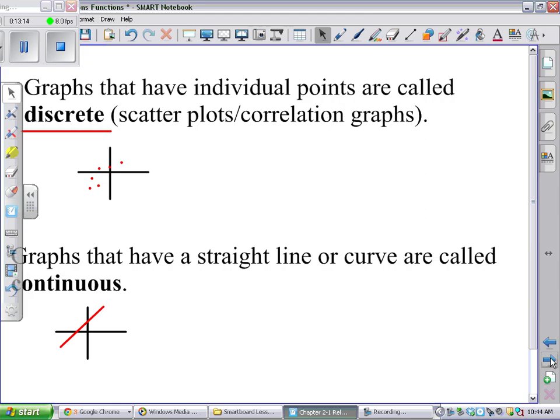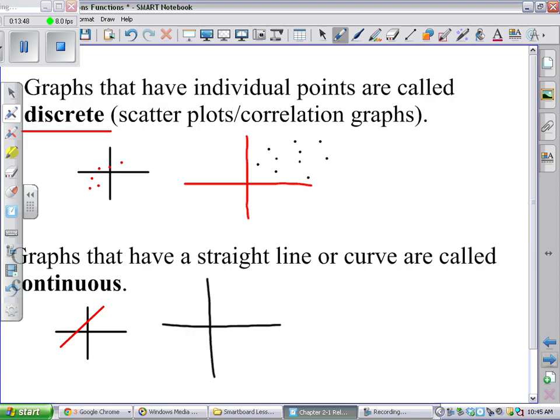When we talk about different types of graphs, we have what we call continuous and discrete. Discrete just means points on the graph. So you normally see that with scatter plots in particular. They're just points on the graph. They aren't connected. So we call those discrete. Graphs that have a straight line or a curve, where there's some kind of pattern that you can follow, we call continuous.